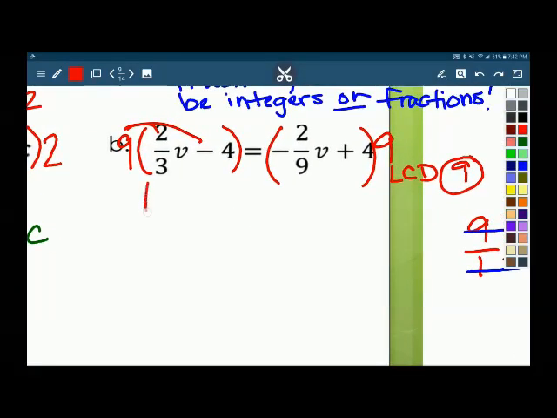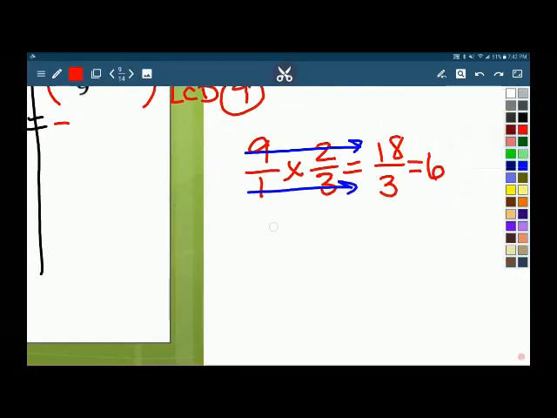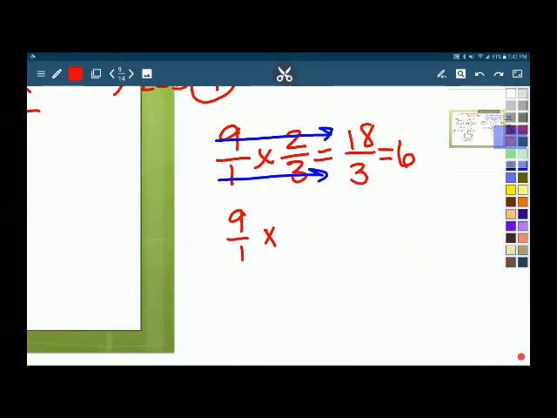So we have 6v minus 9 times 4, which is 36. Make sure you drop down your equal sign. You can put the wall in if you want so the equal sign doesn't move. And then now we need to do the distributive property once again on the right side. The number is going to be negative because I see a negative here. Negative times a positive 9 is going to be a negative. And again, if you need to, you can do some fractional math here. 9 over 1 times 2/9.